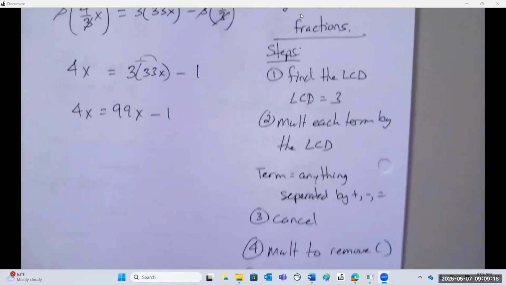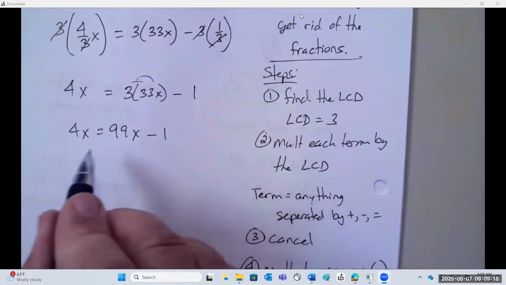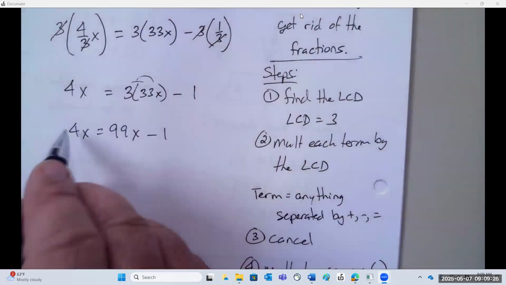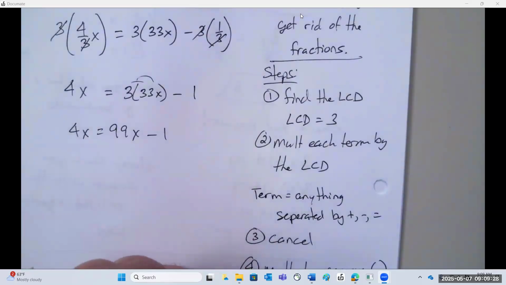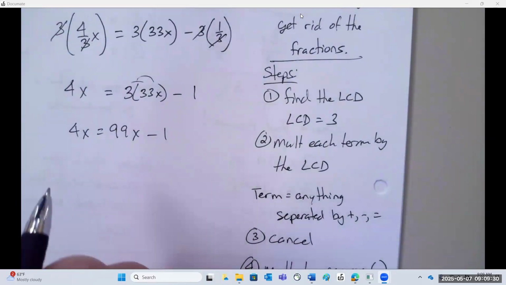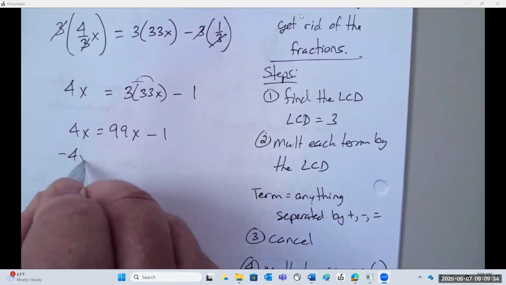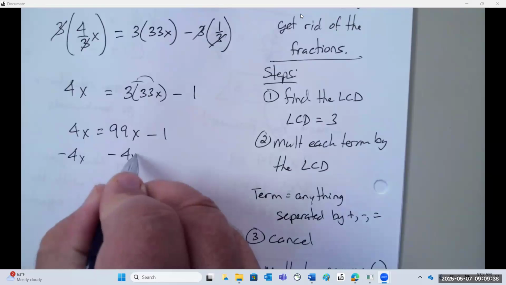Remember what I said? What do you move here? Nope. Always move smaller to larger. If I move the 9x, it's going to make it negative, and you have a big chance of making a mistake. So I move this one. Subtract 4x from both sides.